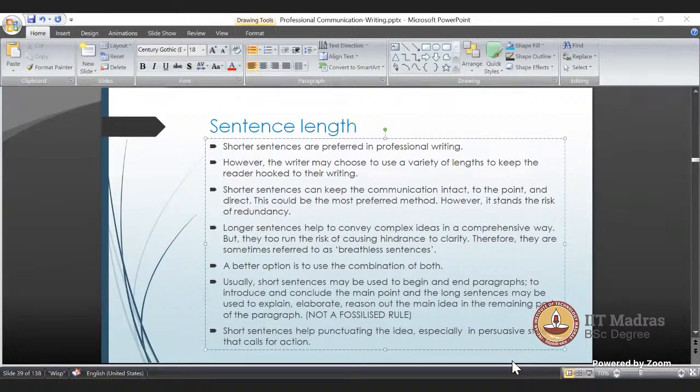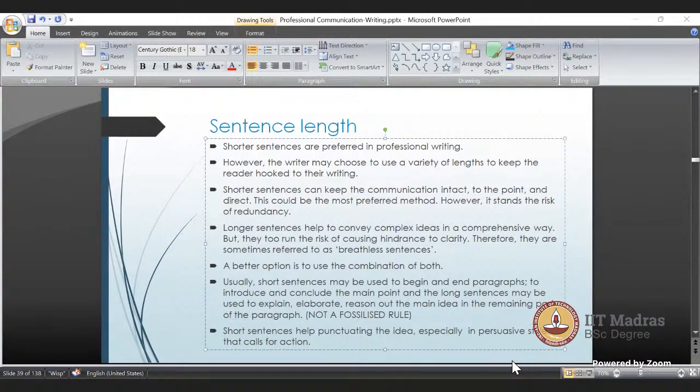Okay, this is how you're going to combine it. So you begin and end with short sentences, but all your central part, the body of the paragraph, which you also refer to as supporting sentences, can take up long sentences in order to explain, elaborate, and reason out the main idea discussed in the short sentence that you use for the paragraph in the beginning, right?